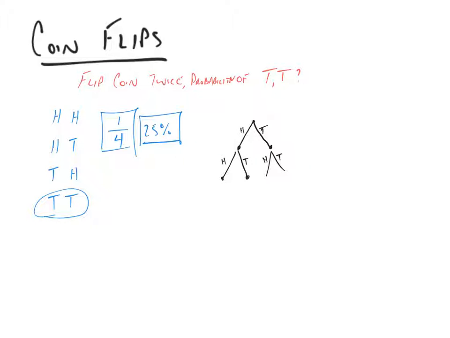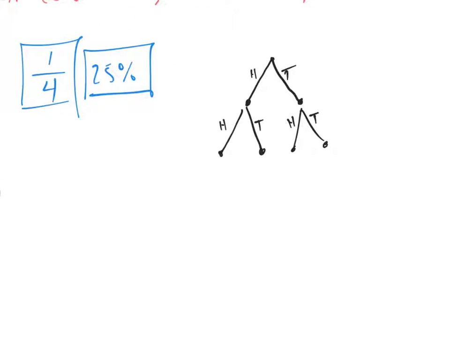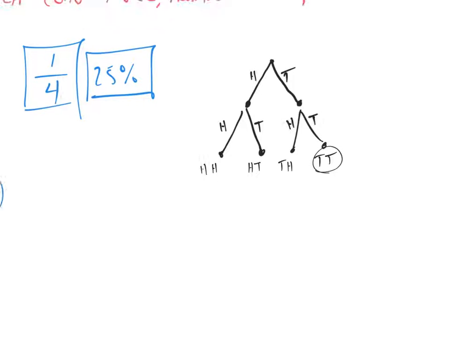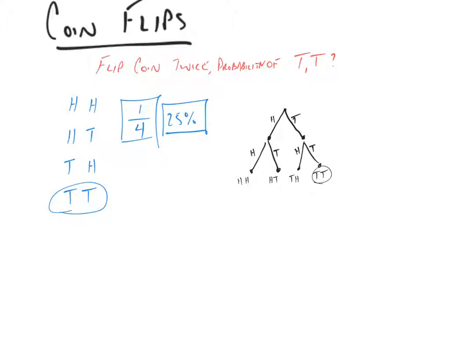When you do that, you have 4 endpoints that read: this would be your heads, heads scenario, this would be your heads, tails, this is your tails, heads, and this would be tails, tails. And again, this is the one we wanted, clearly just 1 in 4. So that was a really basic situation, and this is what we call a tree diagram. We want to get used to seeing those because we're going to be using those a lot. All right, so that was the coin flip problem.